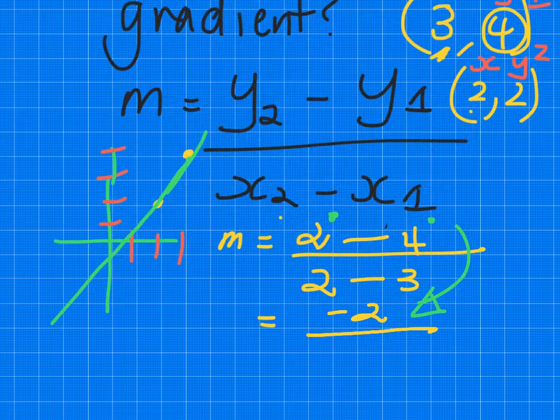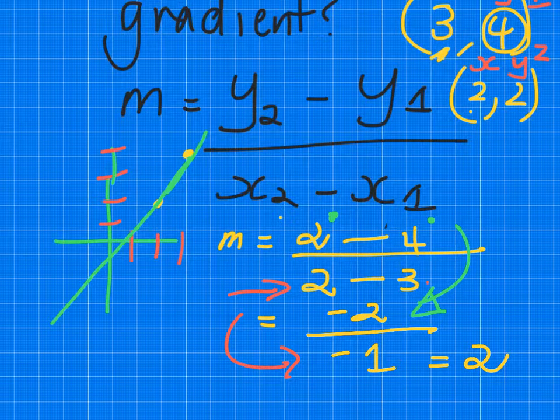And then here, 2 take 3, we will then put down here, which is negative 1. So that is telling us that is the gradient. So this slope has a gradient of -2 over -1. Now if we were to put that in our calculator, you would actually get an answer of 2.